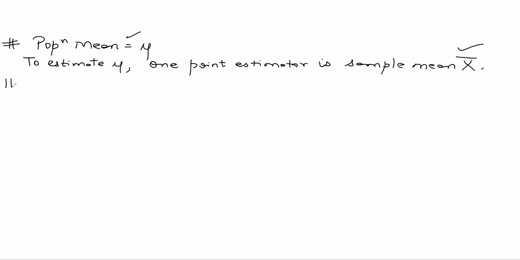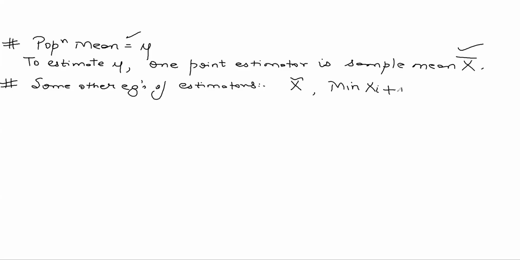Okay, some other examples of estimators. All of us know that we can have various examples. Sample median. Then we can have another estimator: the minimum xi plus the maximum value divided by 2. If you take a sample, the minimum value plus the maximum value divided by 2 can also be a possible estimator.